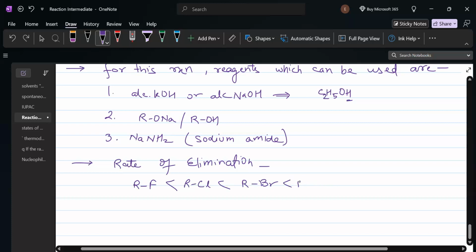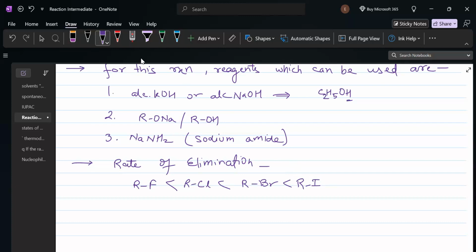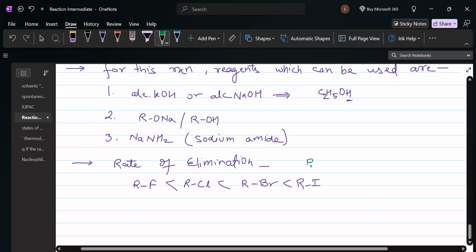What is happening? The reason, anyone? Bigger the molar mass, bigger the size, better will be the leaving group.